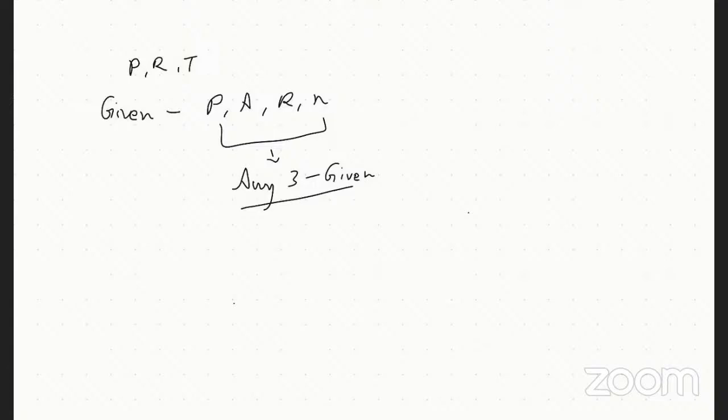Suppose I have to find P: I have the amount, R, and number of years, so with that I can calculate P. If R is not given, then with N, P, and A, I can calculate R. Like that we will try it out.